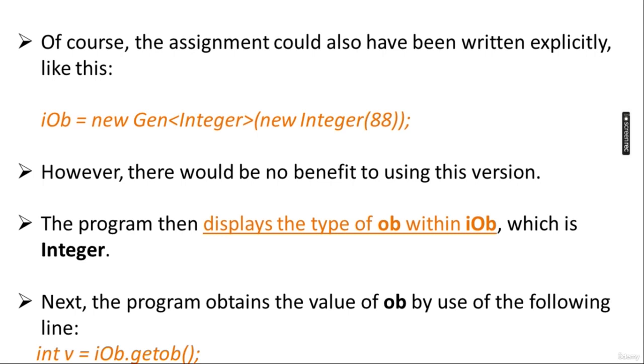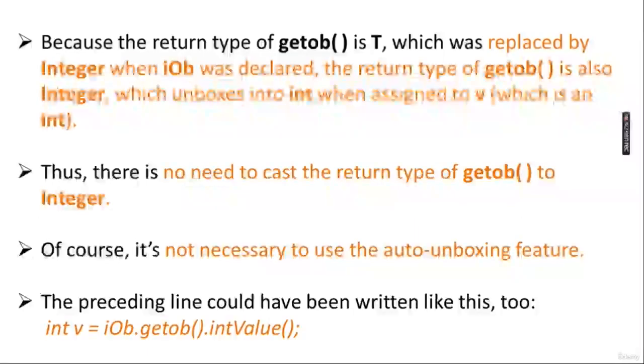The program then displays the type of object within iOb, which is Integer. Then the program obtains the value of ob by use of the following line: int v = iOb.getob(). Here the getob will return the wrapper class Integer, and it will be automatically unboxed to the primitive type int.